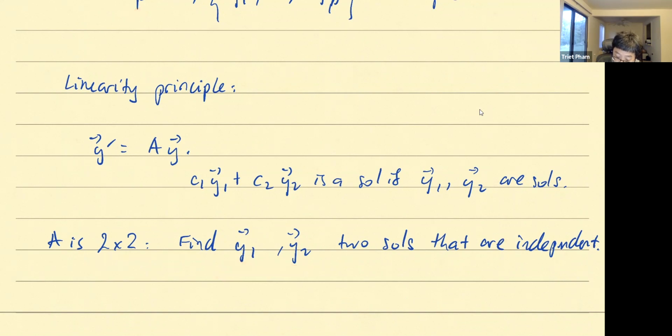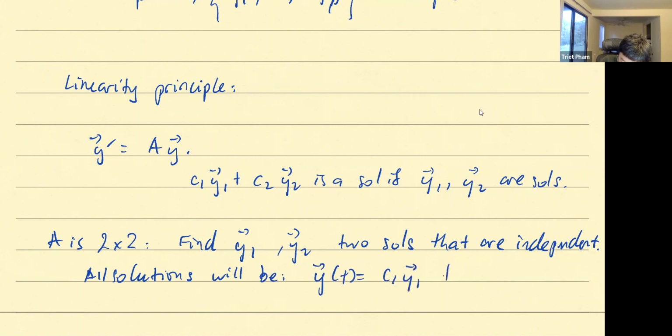So in other words, after you find 2 solutions, that's it, because of what we said above. So after you found 2 independent solutions, then all solutions will be y of t equals c1y1 plus c2y2. Okay. So that's the generic principle that we use to find all homogeneous solutions for our system.